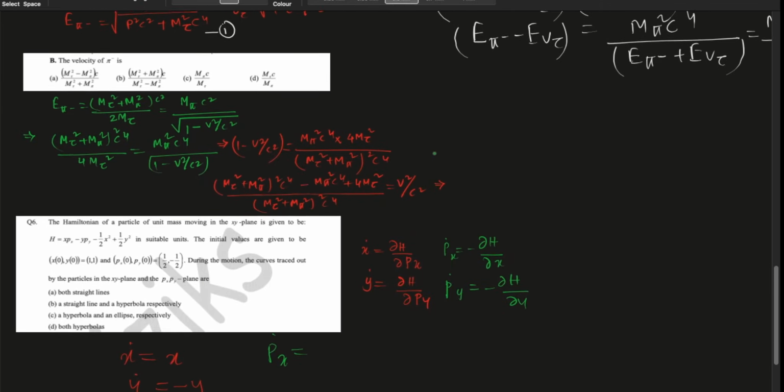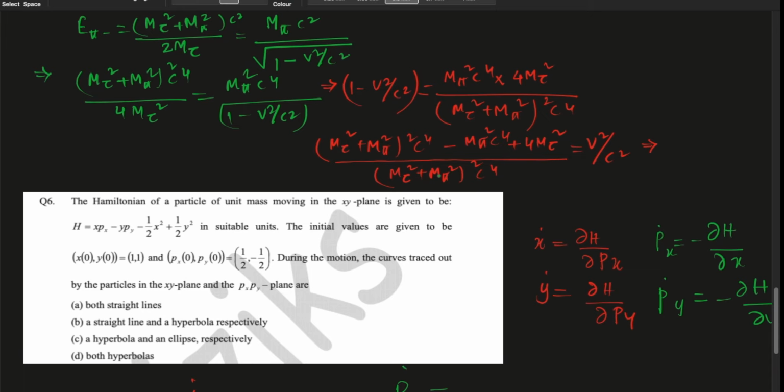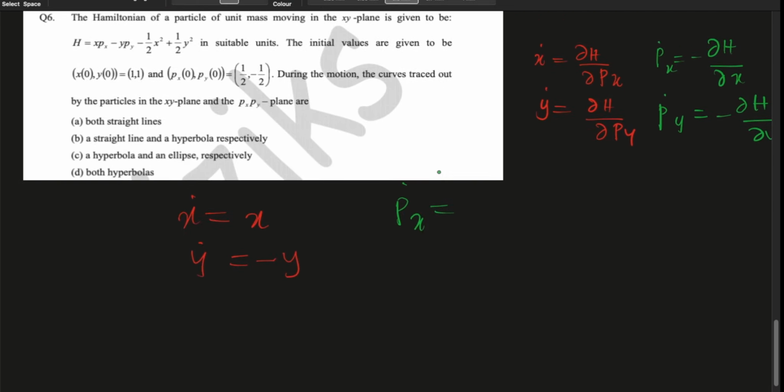So with respect to x, when we try to find this, it will be minus px, obviously, second minus of half into 2x, which will end up giving us the value x minus px.